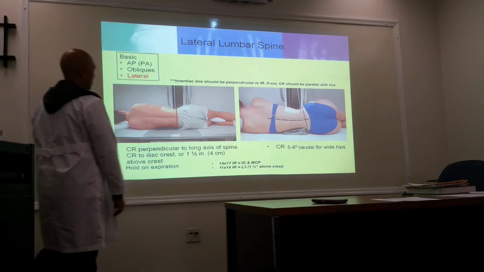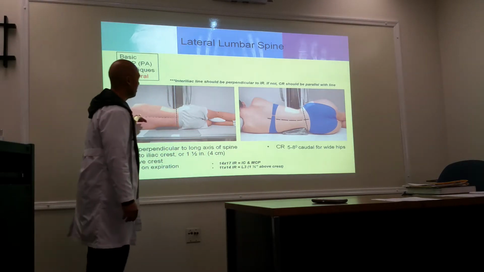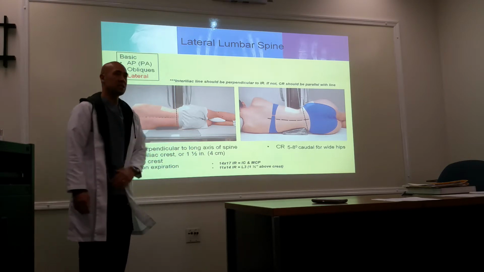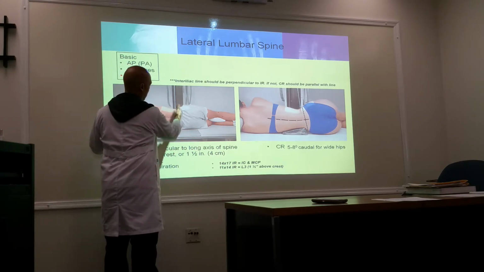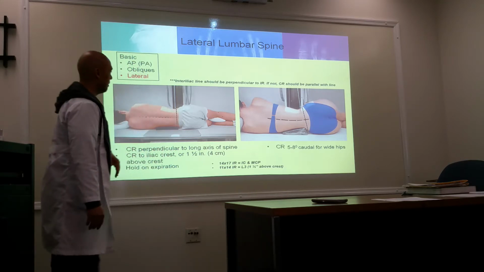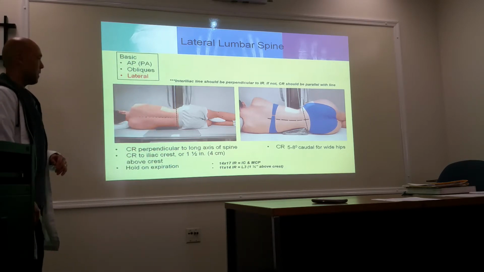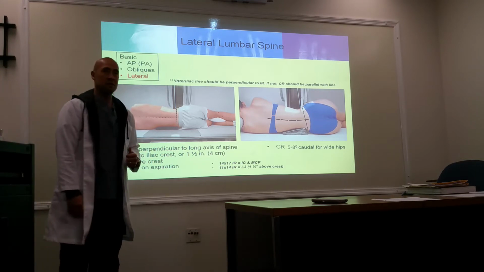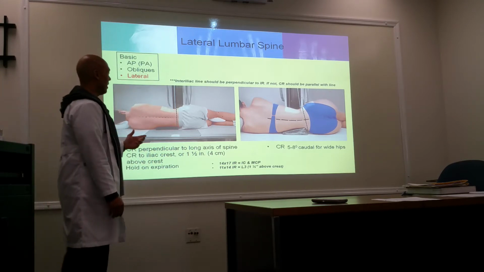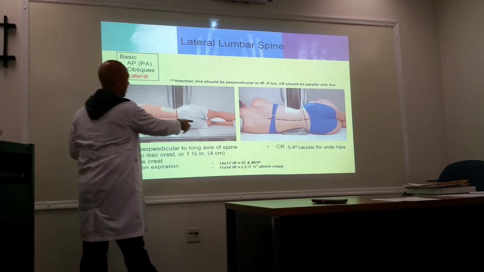Before you take a picture, your objective is to make sure that the spine is straight. To make sure that the spine is straight, the line between each iliac should be perpendicular to the tabletop or the image receptor. So that's the first and foremost thing that you need to do when you get them up on the lateral. Arms in front of them, legs bent for balance.